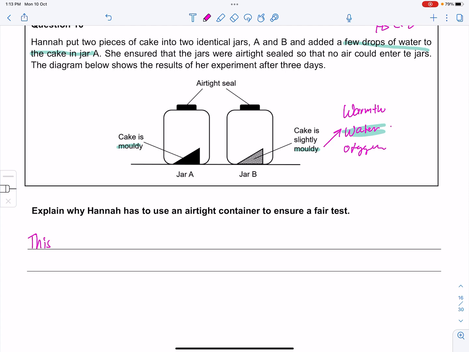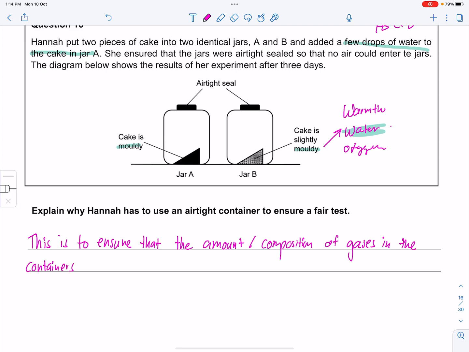This is to ensure that the amount/composition of gases in the containers is the same.